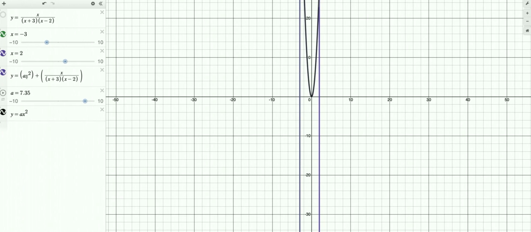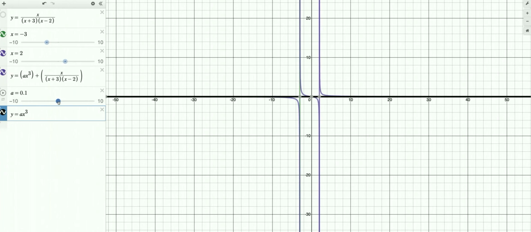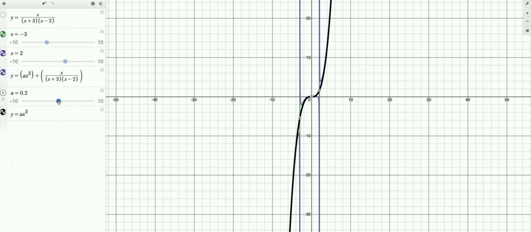Okay, I'll do one last one just to show you here. Let's go to the third power. Okay, let's go 3. Now I have ax cubed. Okay, let's make the a much smaller here. And let's zoom in.